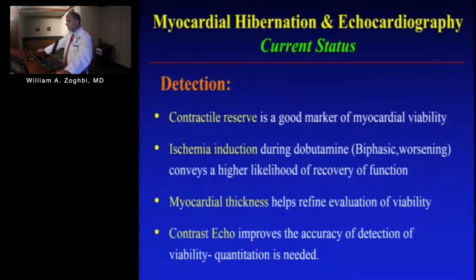However, we look at contractile reserve with dobutamine. Now, most of the time, you look at this without sending somebody specifically for looking at viability, because many of the stress tests that you do are done in patients with some LV dysfunction. So if you look at contractile reserve and the biphasic response, this is a definite indicator for ischemia and viability in those situations.